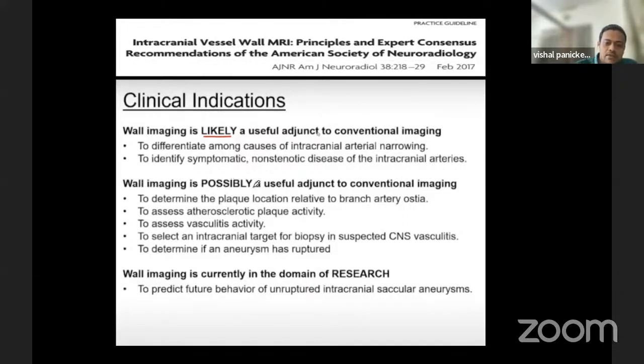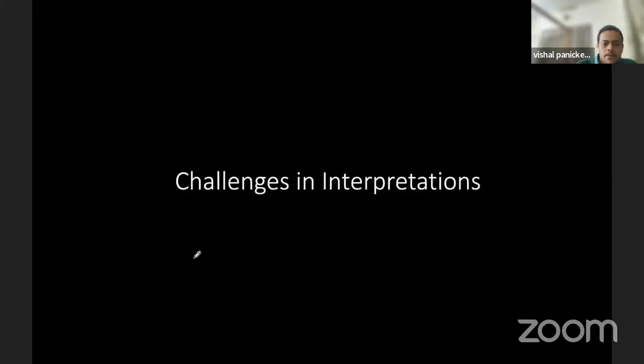Imaging is a possibly useful adjunct to conventional imaging to determine the plaque location relative to the branch artery ostia, to assess atherosclerotic plaque activity, to assess vasculitis activity, to select an intracranial target for biopsy in suspected vasculitis, and to determine if an aneurysm has ruptured or not.